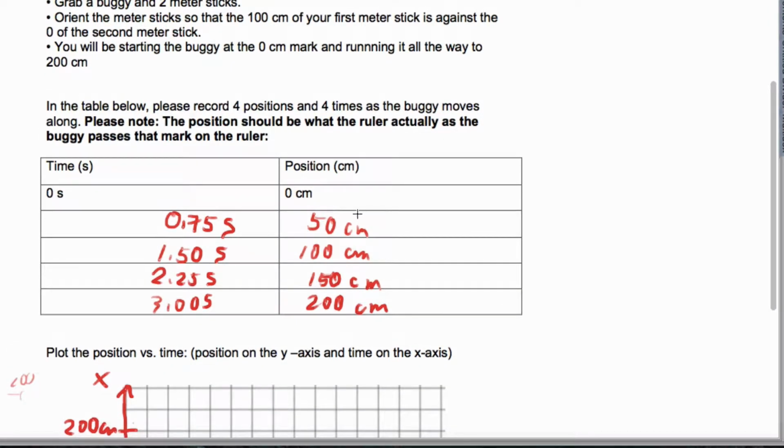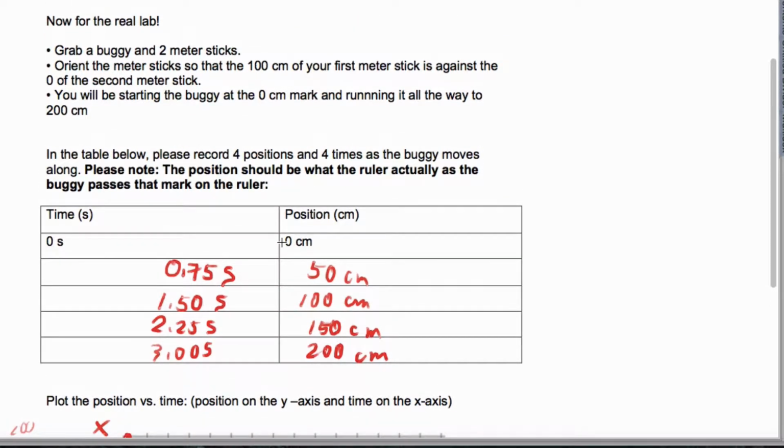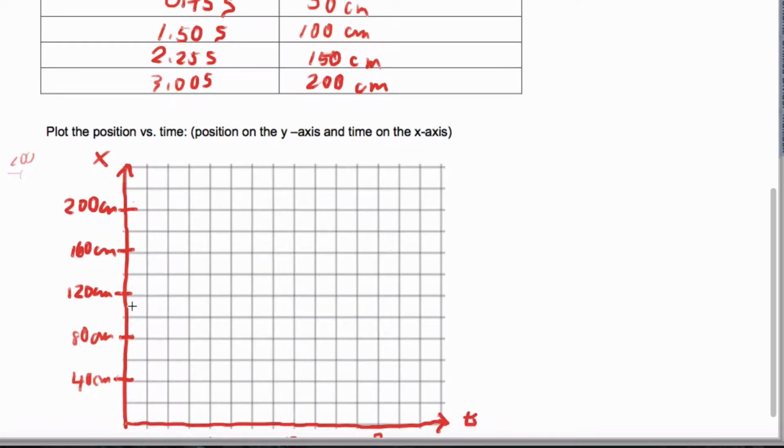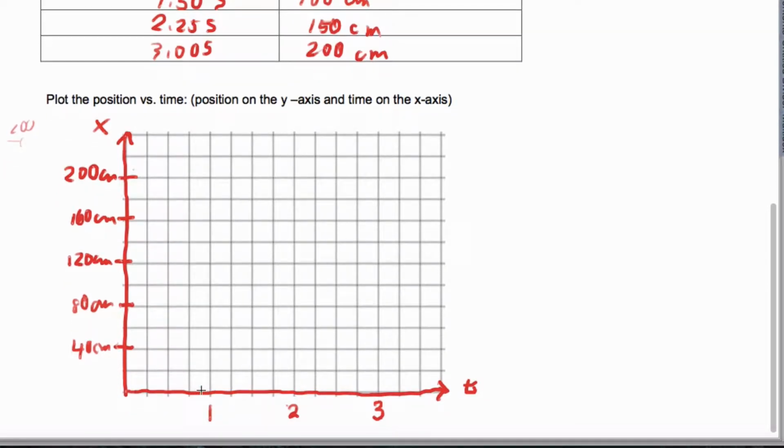So what I'm saying is that I'm going to roll my hypothetical buggy forward, and these are the times and the positions that it crosses at those times. I'm going to plot these points and draw a line through the points. So at 0.75 seconds, I'm going to be at 50, which is exactly halfway up.